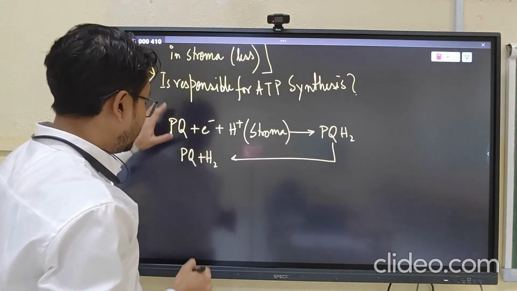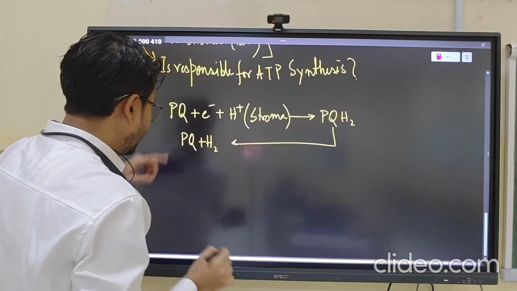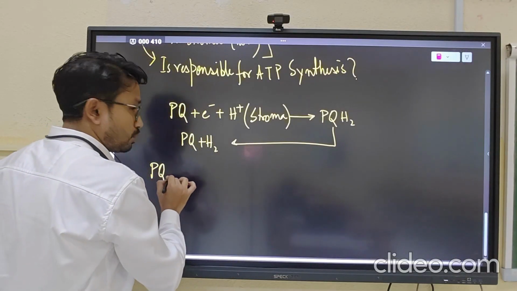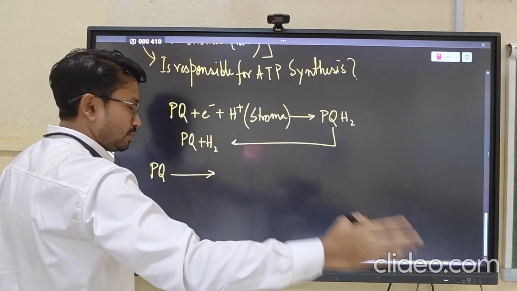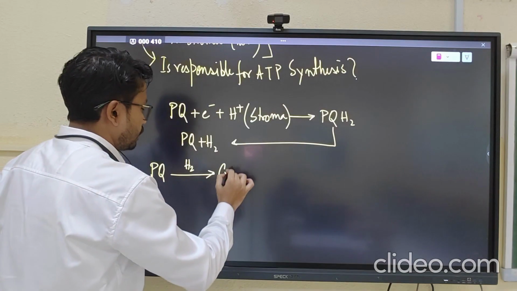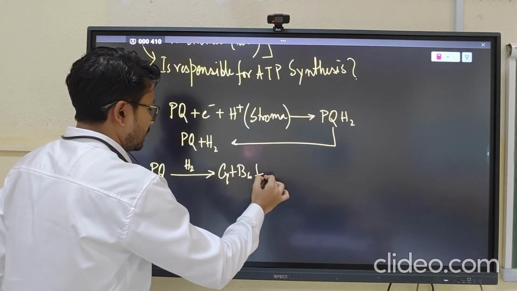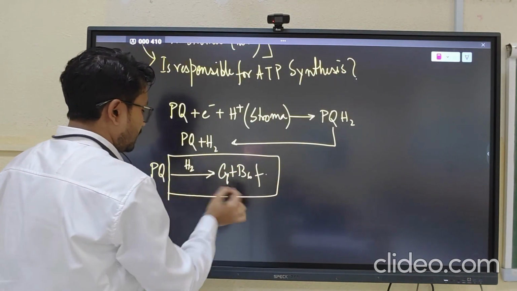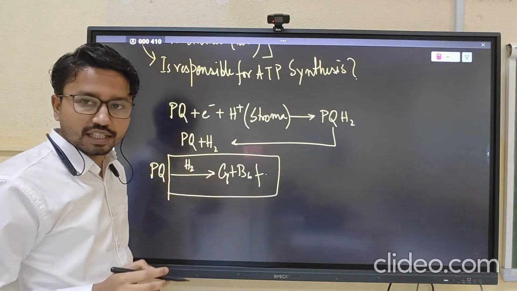Now the problem is that PQ tries to pass the H2 to this molecule, cytochrome b6f. Cytochrome b6f will not take H plus.